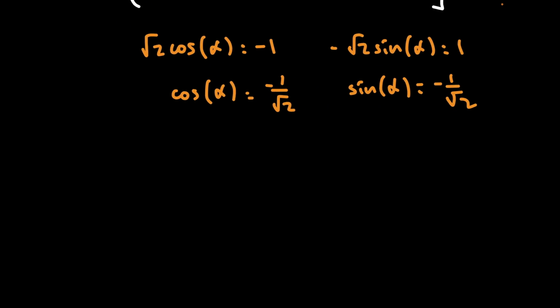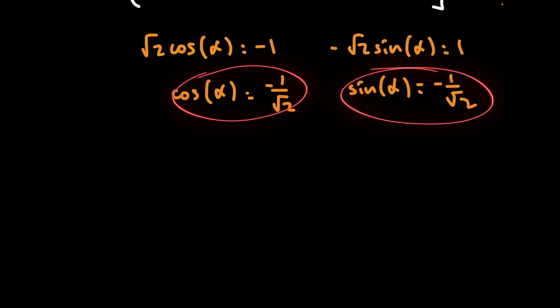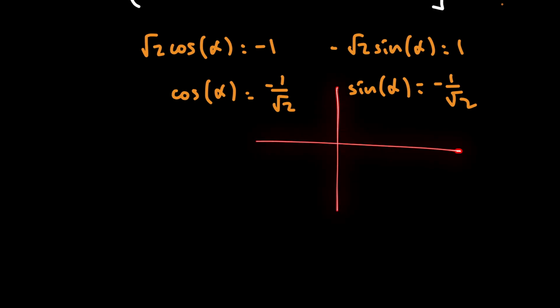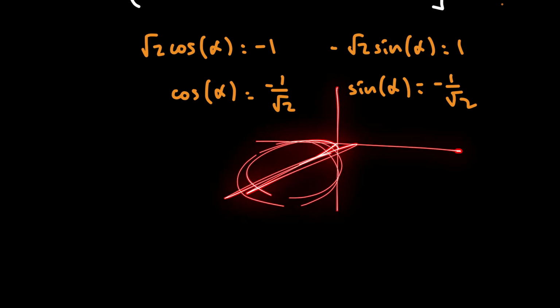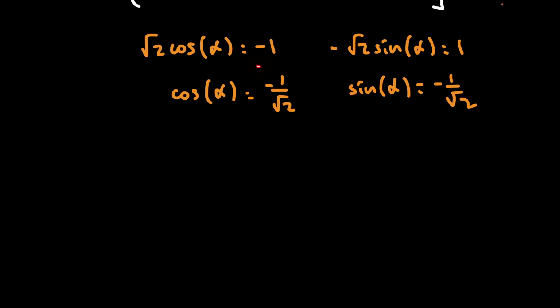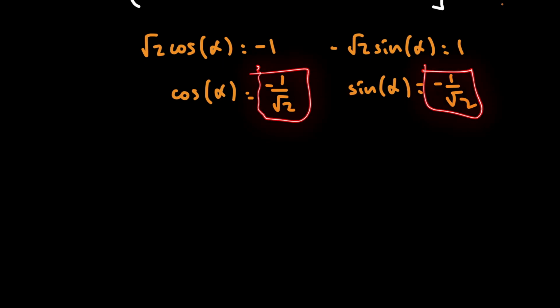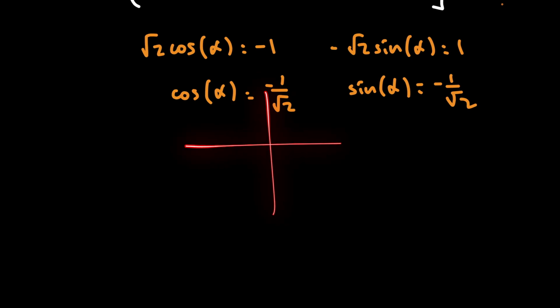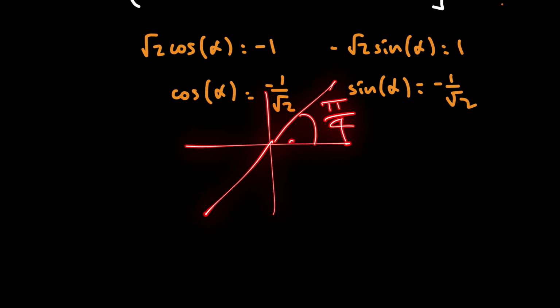So the value that makes both sine and cos negative must lie in your third quadrant, because only in this quadrant are sine and cos both negative. And if sine and cos are the same, we can say that the reference angle must be pi on 4 radians. So in this case, pi on 4 radians is the reference angle in the third quadrant.